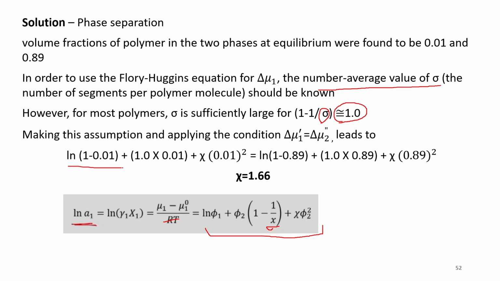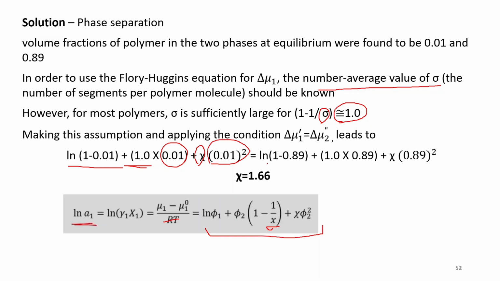So ln phi1 is there, and we can calculate phi1 as 1 minus 0.01. So ln(1 minus 0.01) plus phi2, which is 0.01 already given, multiplied by 1 minus 1 upon sigma, which is nothing but equal to 1, plus chi into phi2 square, which is 0.01 square.